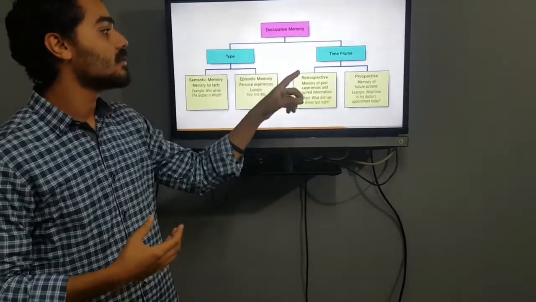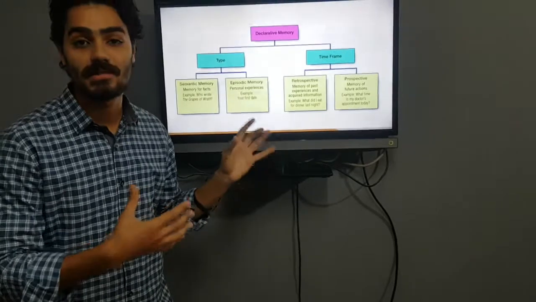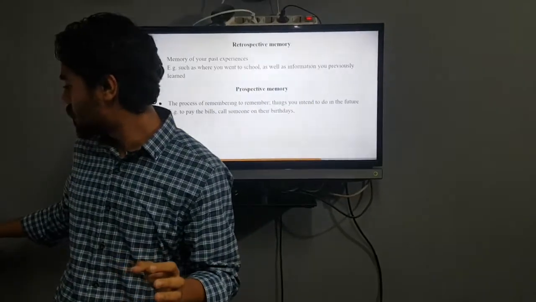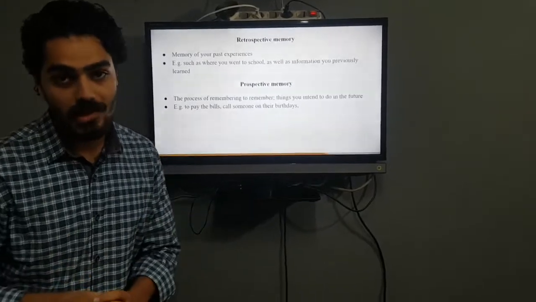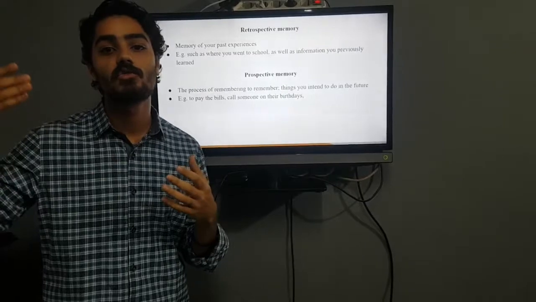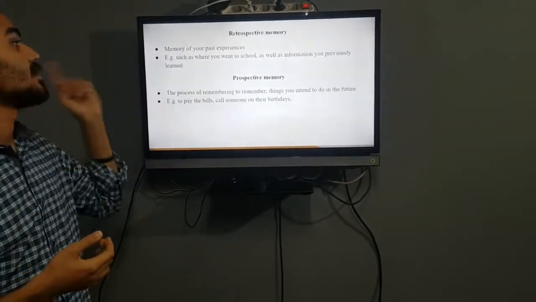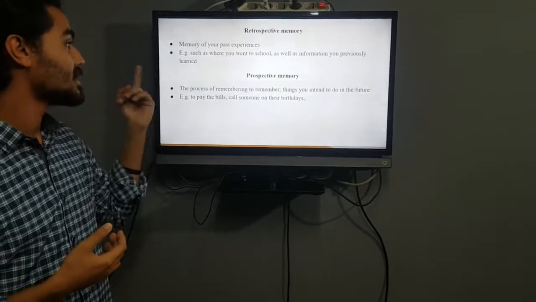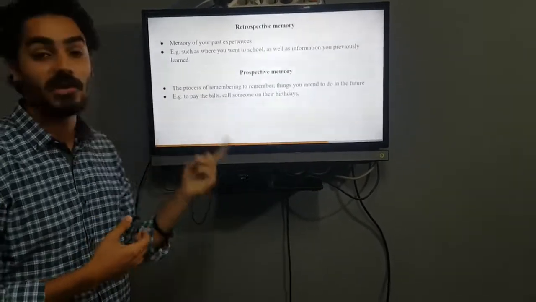There is another division in declarative memory that is based upon its time frame. One way to look at declarative memory is as retrospective memory. It's a memory of things that you already did, such as your past experiences, where you went to school, or information you previously learned.